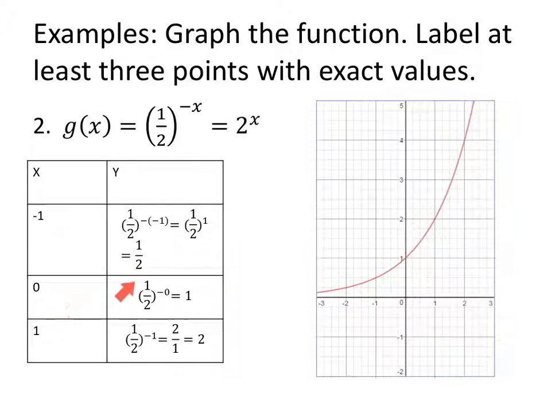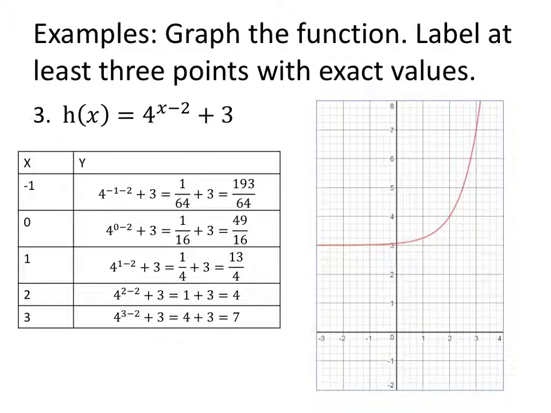When x is 0, 1/2 to the negative 0 power, well, 0 is not positive nor negative, so 1/2 to the 0 is 1. When x is 1, 1/2 to the negative 1, given to us from the problem, is the reciprocal, so that's 2. At negative 1, we have a half, (0, 1), (1, 2). It's the same as the graph of g of x equals 2 to the x.